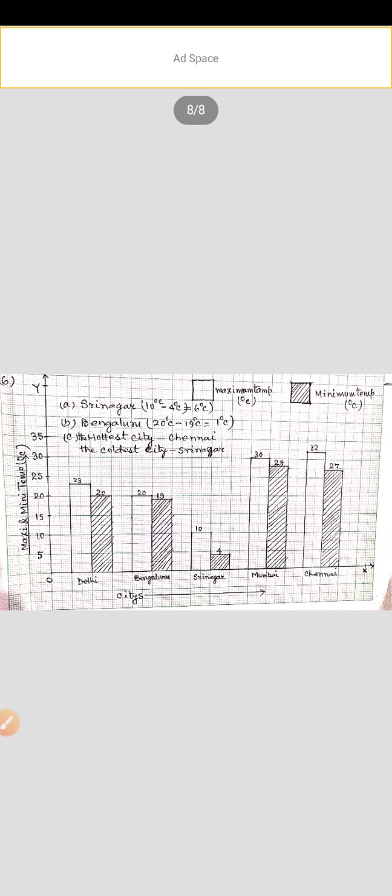Question C: which are the hottest and the coldest cities? The highest temperature is Chennai's at 32 degrees Celsius, and the minimum temperature of Srinagar is 4 degrees Celsius. So the hottest city is Chennai and the coldest city is Srinagar.